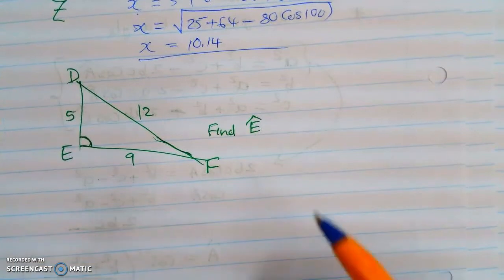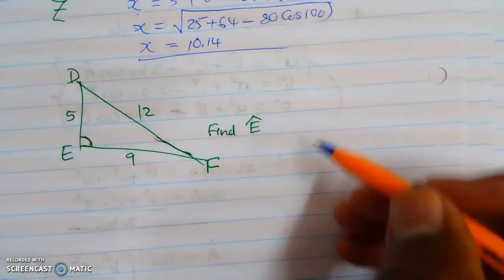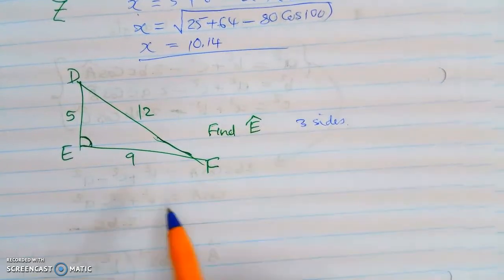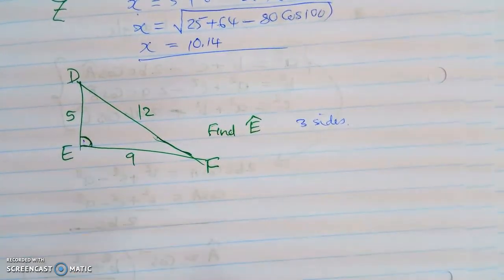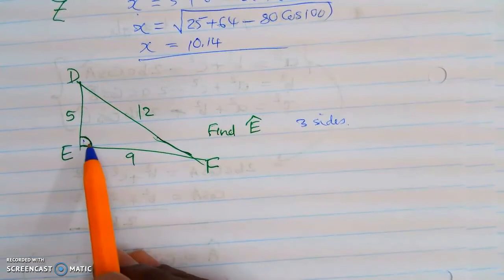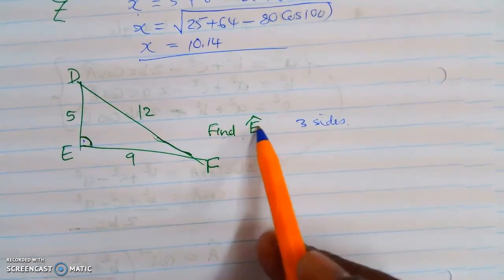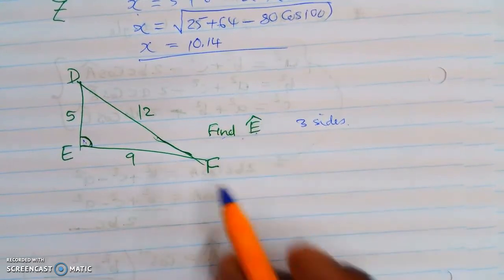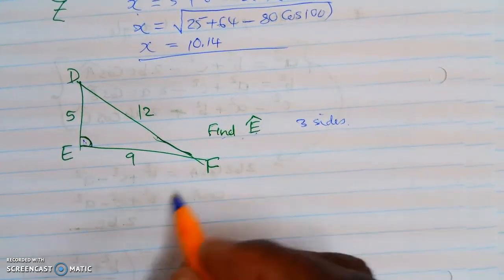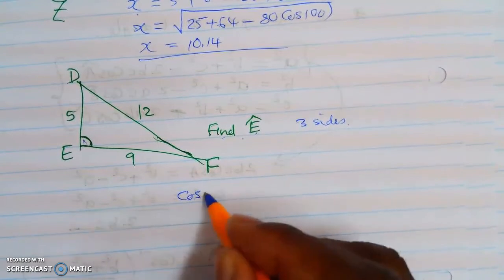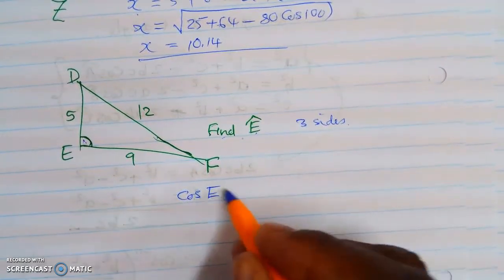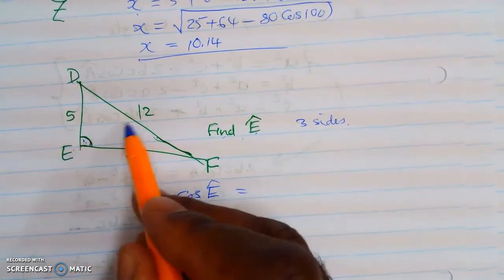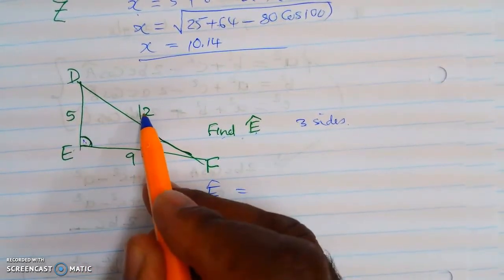Second example, this is a situation where we have 3 sides given. We need to find the angle. That says find angle E, that's that one there. We said cos angle E will be equal to, the side facing angle E will come last.